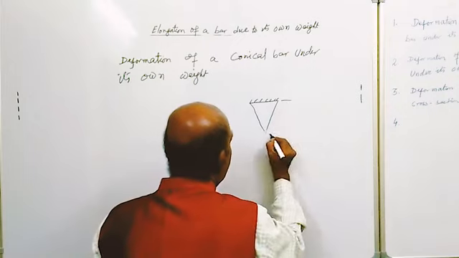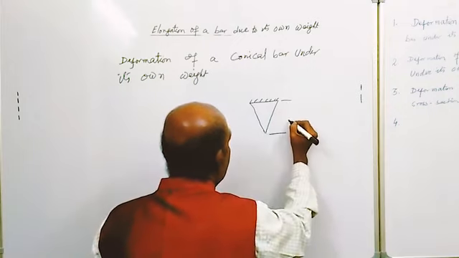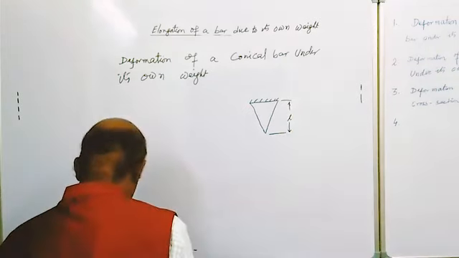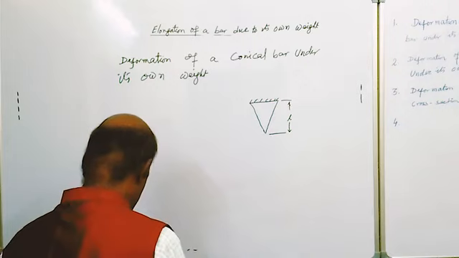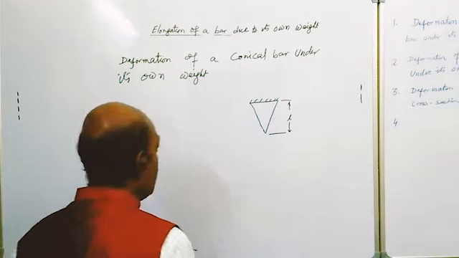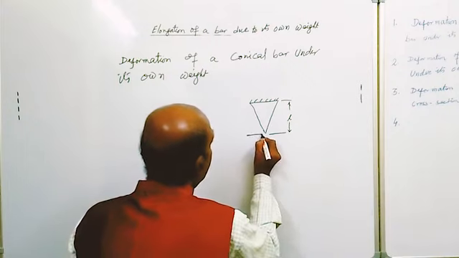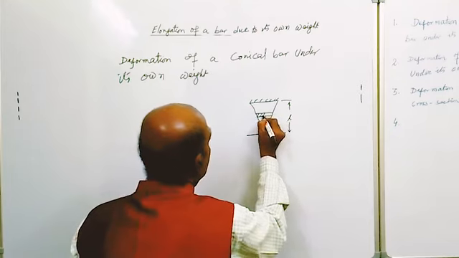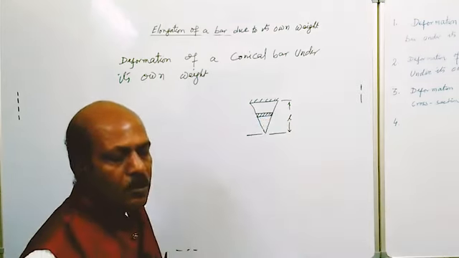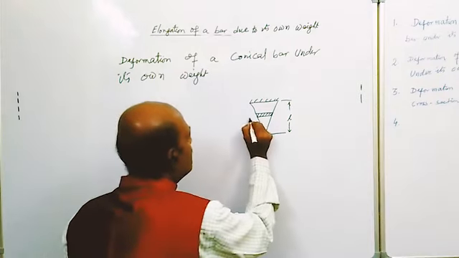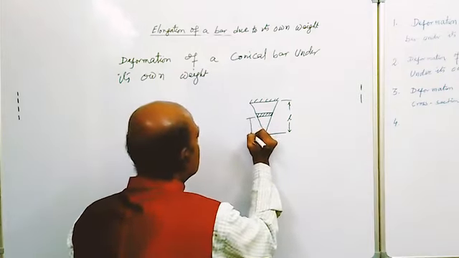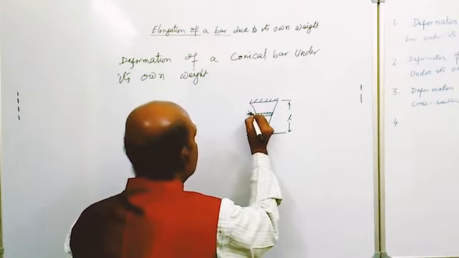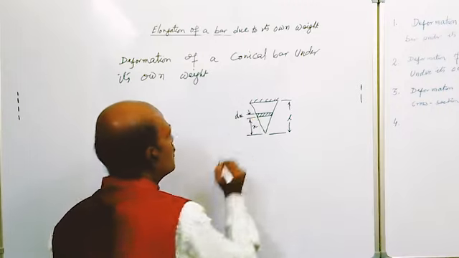Say L is the length of the bar. Now considering an element at a distance x from the bottom, this is the element we have considered for our derivation, which is at a distance x from the bottom, and the thickness of the element we are considering as dx.